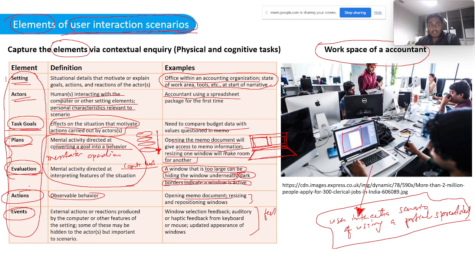If the elements are visible, then you can record them with videography, photography. But if there are elements which are not visible, like the actual planning and the evaluation, which are mental operations, so quick that it is very difficult for a person to notice or record those, for that we use different techniques to capture those mental operations.